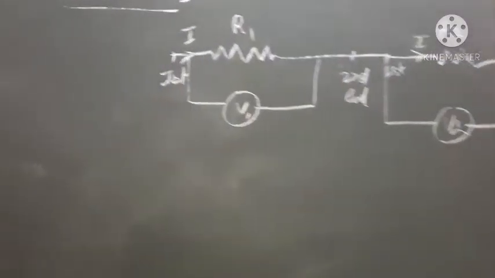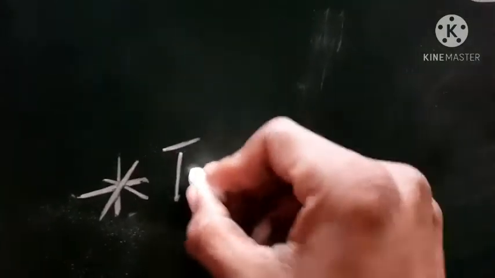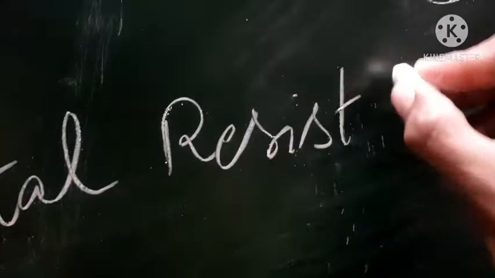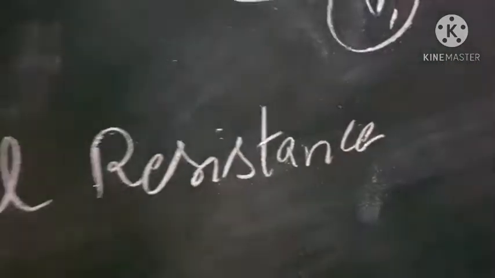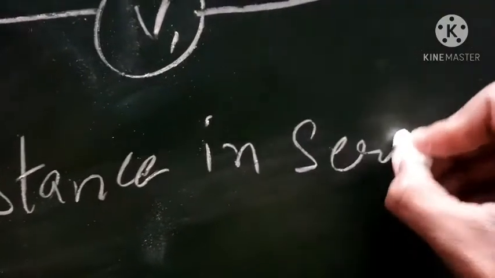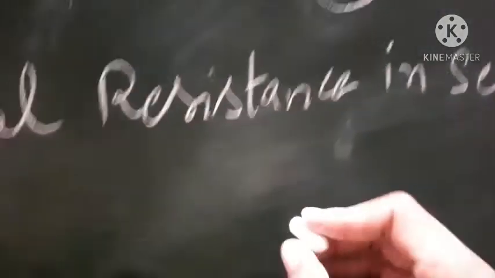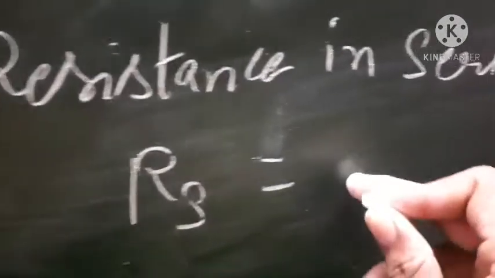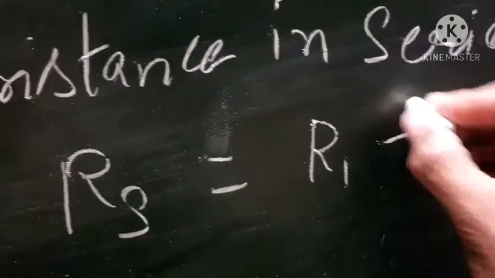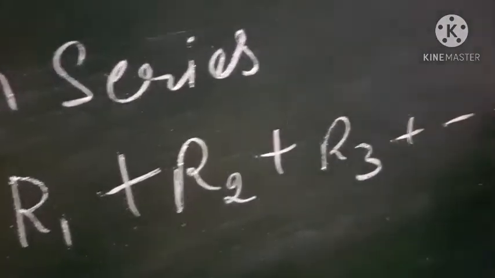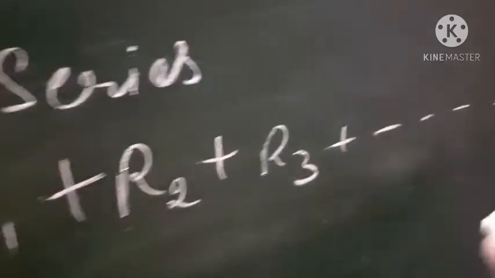So now let's talk about how we can calculate the total resistance in series. Say it is Rs, that means resistance in series will be equal to R1 plus R2 plus R3 up to Rn.